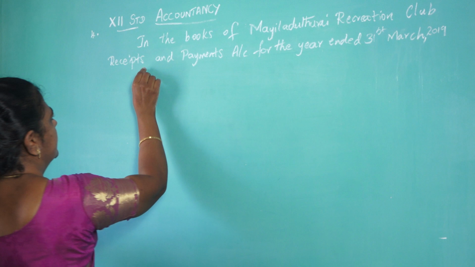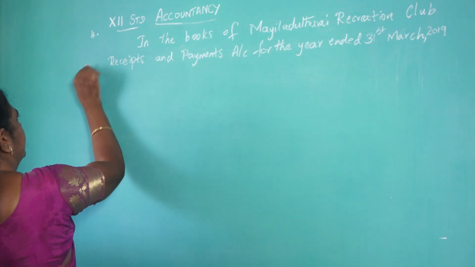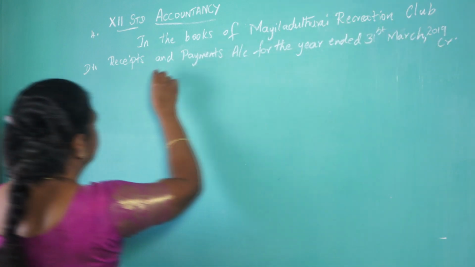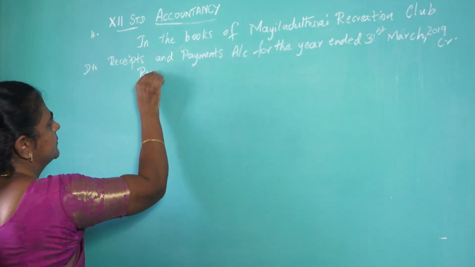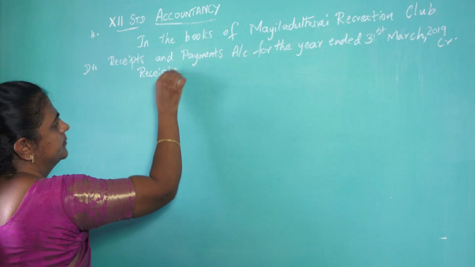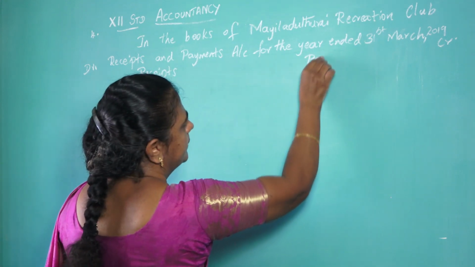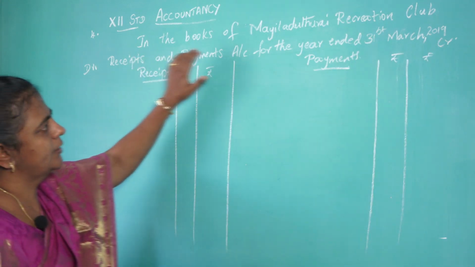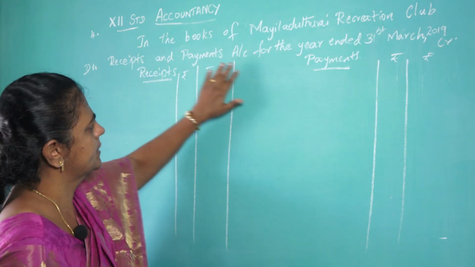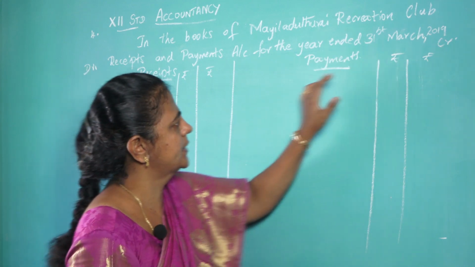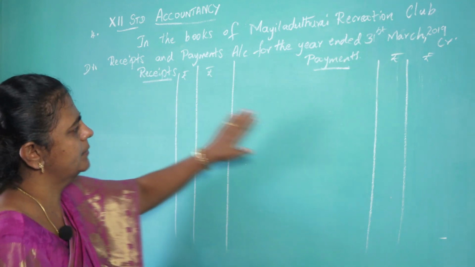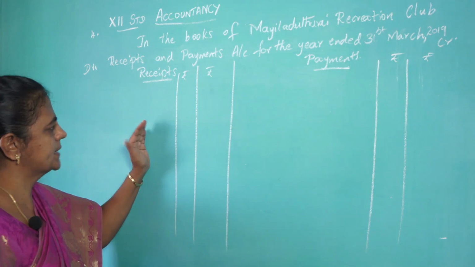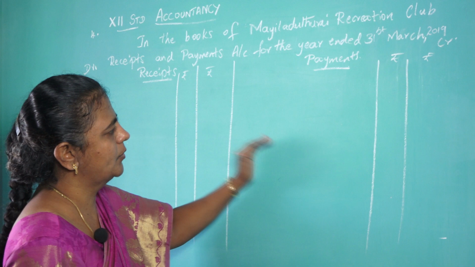Debit, credit, receipts, payments. So just write: in the books of Mayiladurai Recreation Club, receipts and payments account for the year ended 31st March 2019, receipts on the debit side, payments on the credit side. Identify all the receipts and put them on the debit side, identify all the payments and put them on the credit side.